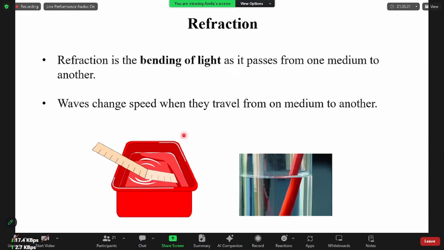So what are the two mediums here? Can somebody tell me? Because refraction occurs between two mediums, not as in reflection.